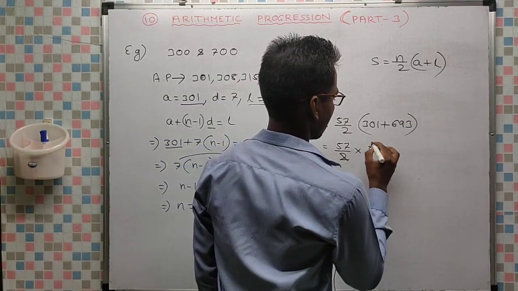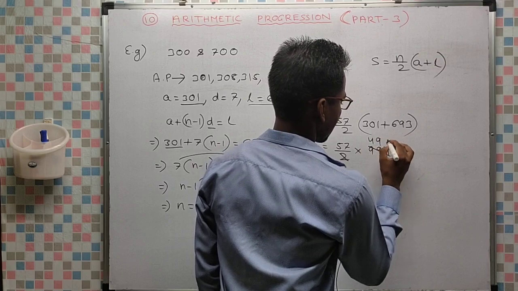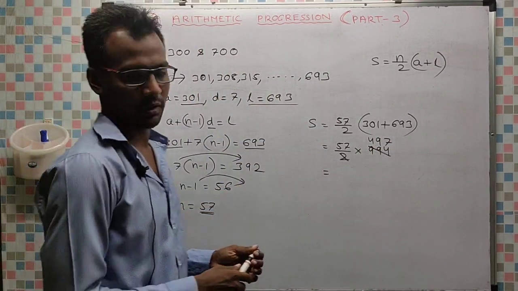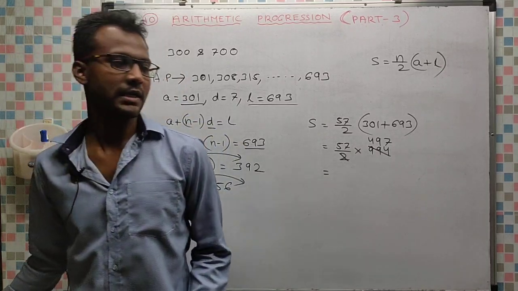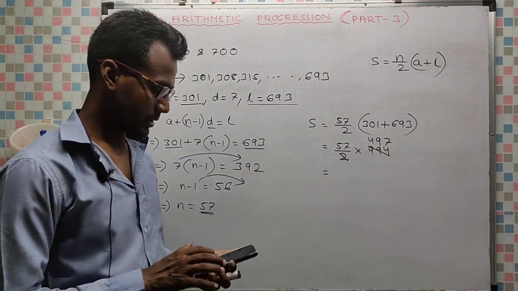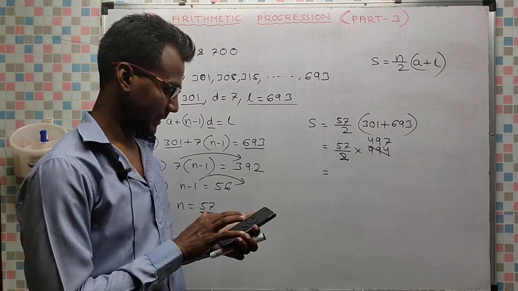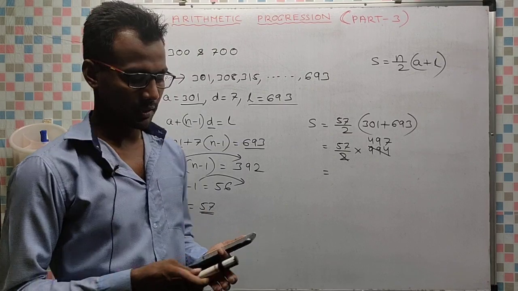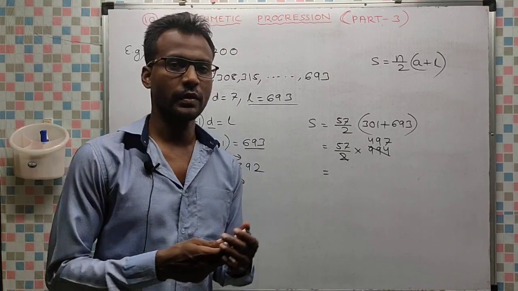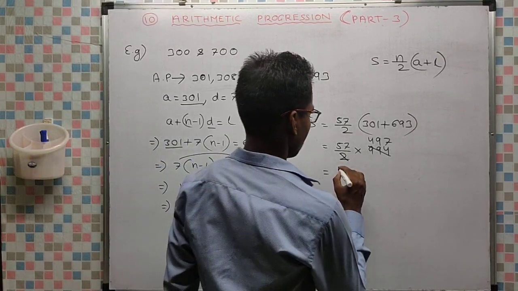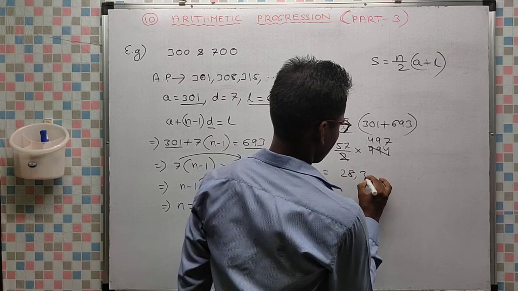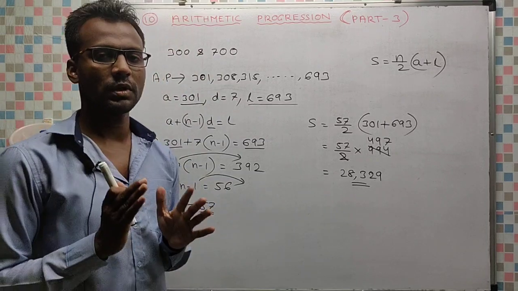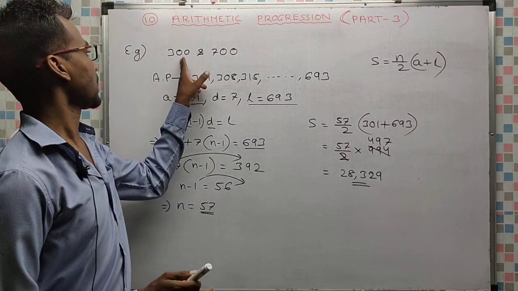If you divide, 2 4s are 8, 2 9s are 18, 2 7s are 14, so 57 into 497. I am using my mobile so as not to waste time. 57 into 497 is equal to 28,329. So this is the sum of all the multiples of 7 between 300 and 700.